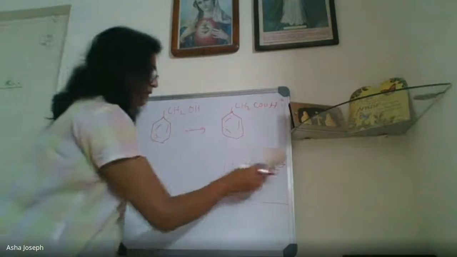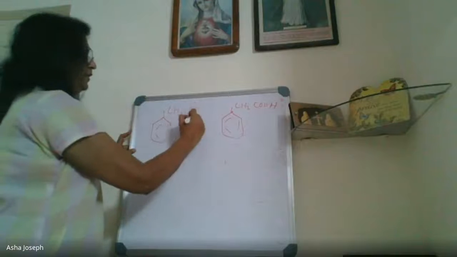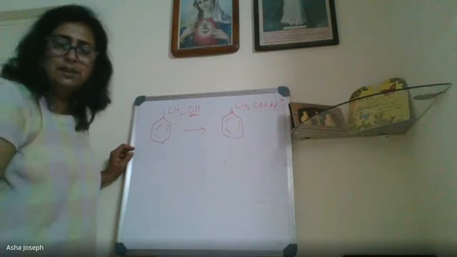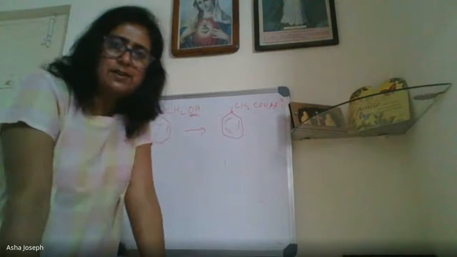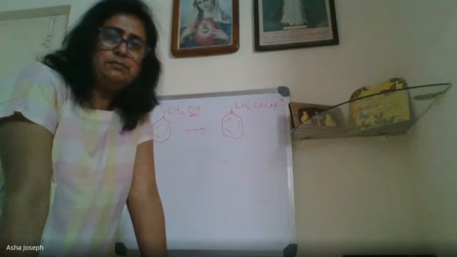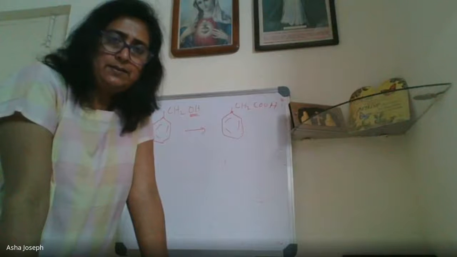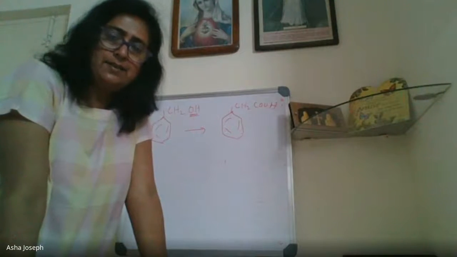So now we will do the conversion. I have to convert this OH into CN. That's it. Can anybody tell me how to convert OH into CN? Anybody try? PCl3. First you have to convert it into chloride and then alcoholic KCN. Correct?